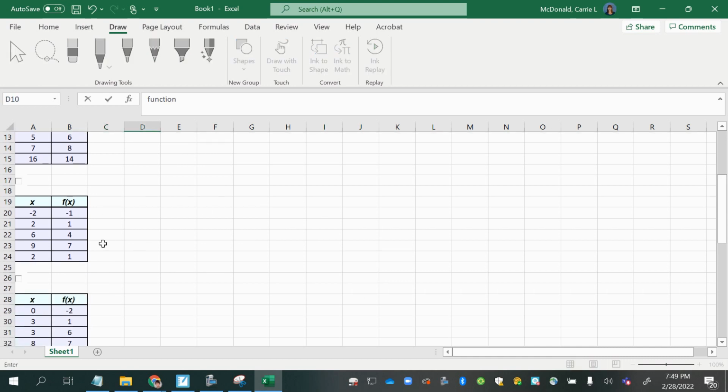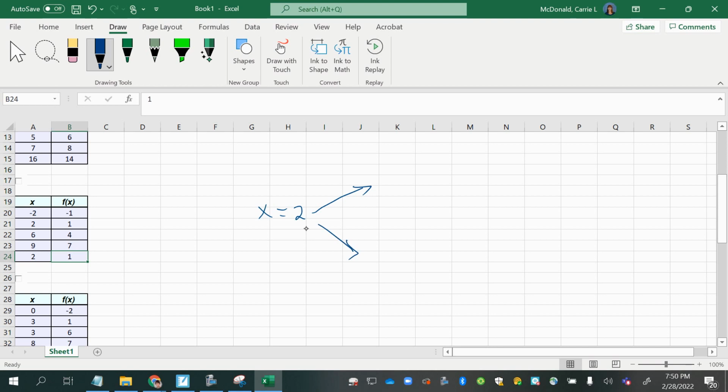The third one down, -2 to -1, 2 maps to +1, 6 maps to 4, 9 maps to 7, and +2 maps to 1. Okay, so here we have an issue because the value x equals 2 will map to 2 different places for the y value.